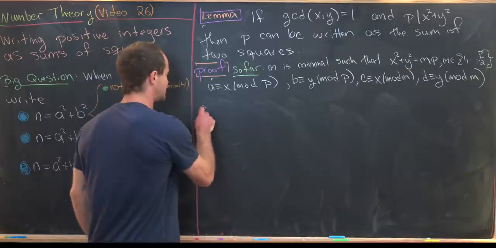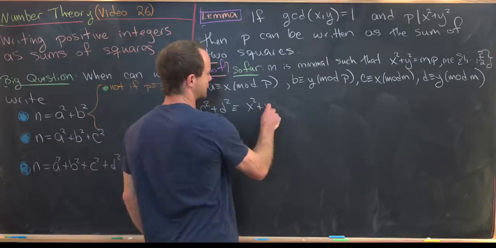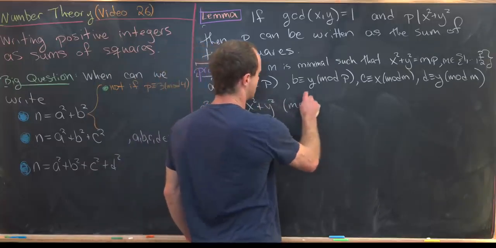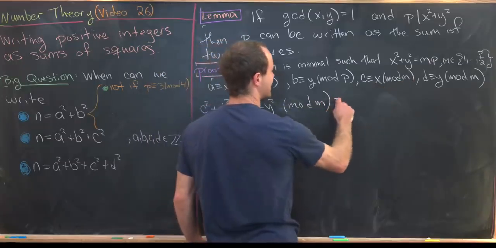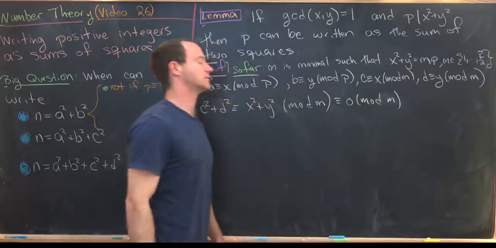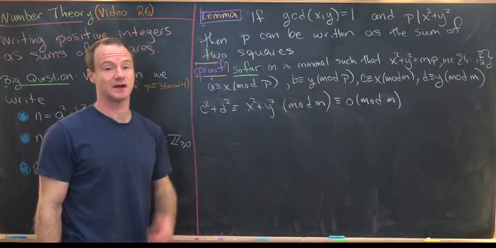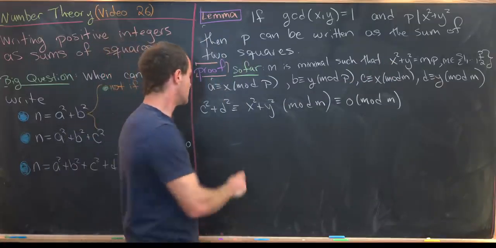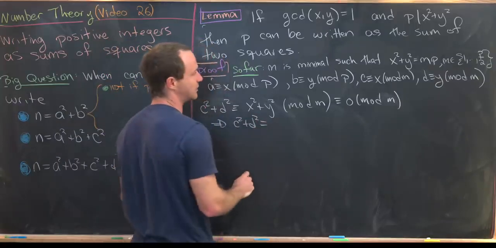Now, let's notice that if we take c squared plus d squared, that's going to be congruent to x squared plus y squared modulo m from these two congruences, but that's congruent to 0 mod m, given that x squared plus y squared is a multiple of m from this thing up here. Okay, but that means that c squared plus d squared is a multiple of m.